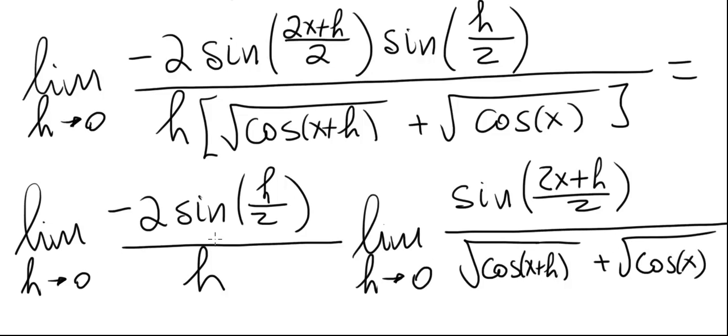Now what we have to do right here, I'll multiply the h by 2 over 2. It doesn't change anything. I can take the minus 2 here, just a 2, and cancel with the 2 from the numerator. And now we're left with the following.